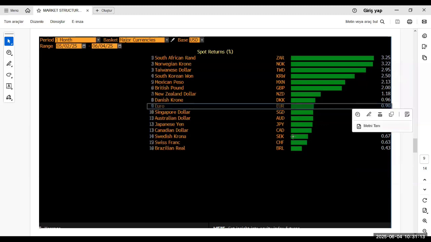Now I can change my currency and see whether these results, which are dramatic, with almost all currencies appreciating, are a result of economic output or a policy choice. I want to increase my time frame because Trump came to power at the beginning of 2025.